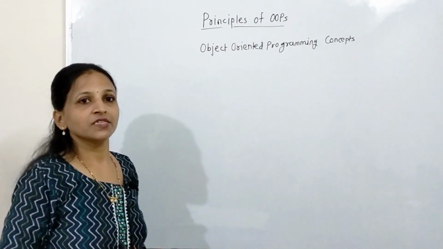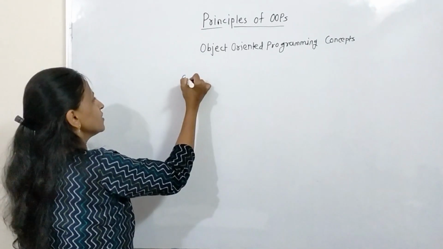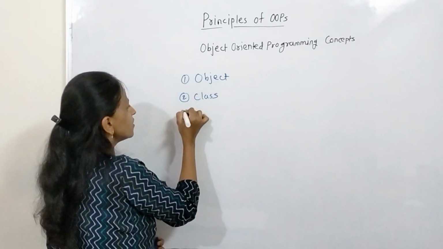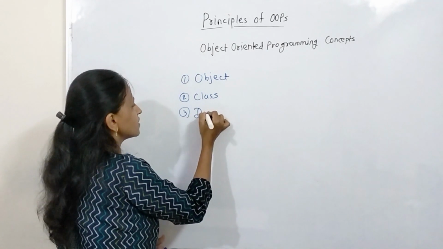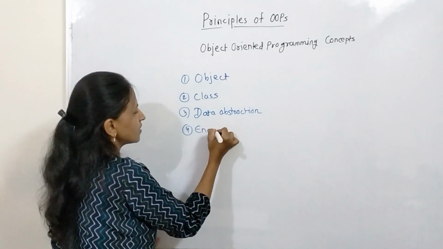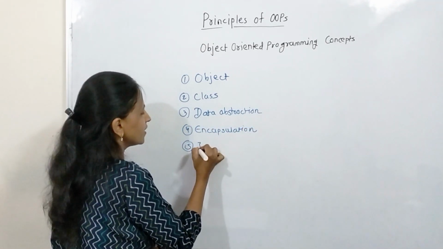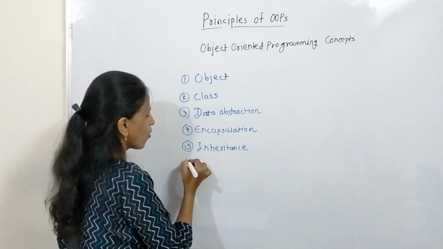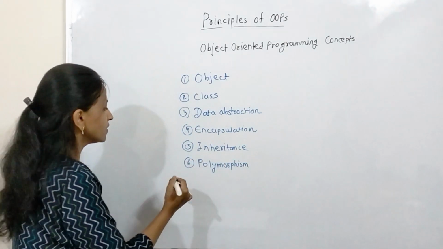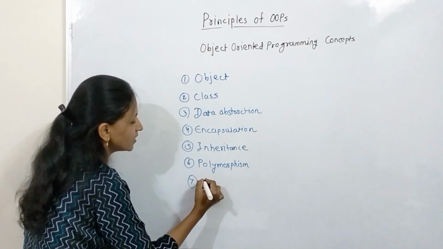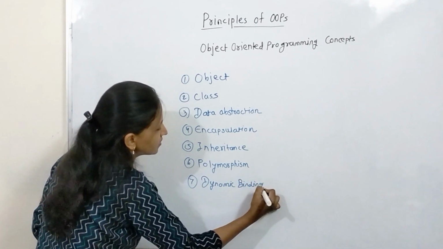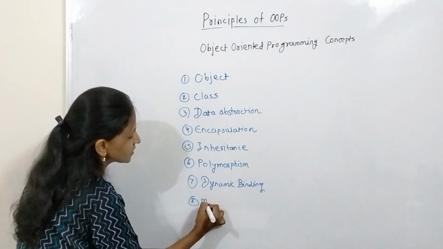The main basic principles of OOPS are: the first one is object, the next one is the class concept, then the third one is data abstraction, then the next one is encapsulation, then inheritance, polymorphism, and then the seventh one is dynamic binding, and the last one is message passing.